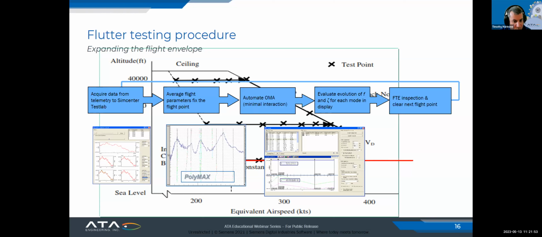Then you have a set of accelerometers, and generally you'll do what's called spatial filtering, where you're adding or subtracting combinations of accelerometers to really just focus on that one mode of interest. So if it's torsion, you're taking one from the other. If you're doing symmetric bending, you're adding them. And ultimately you're trying to get the final set of measurements that you can then do your modal analysis on and get your frequencies and damping.